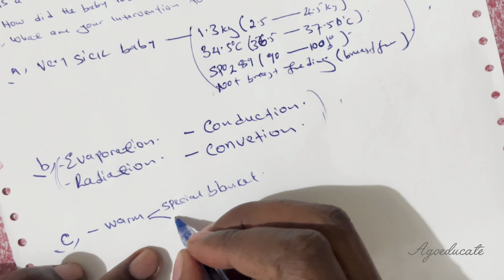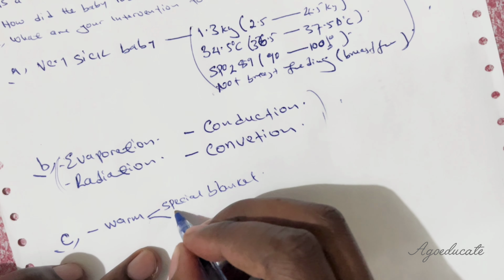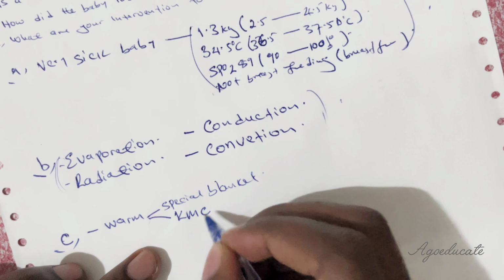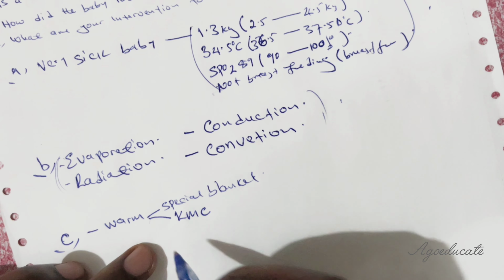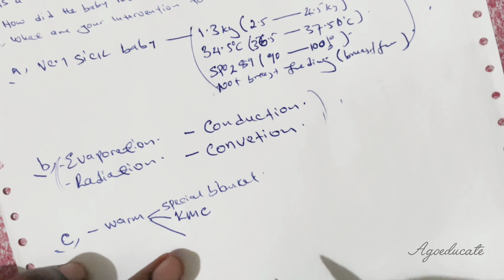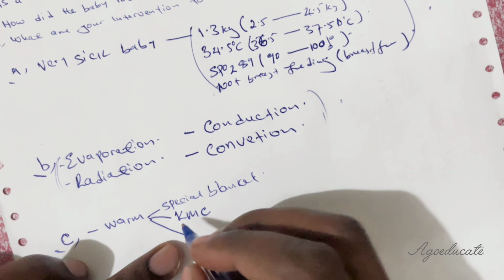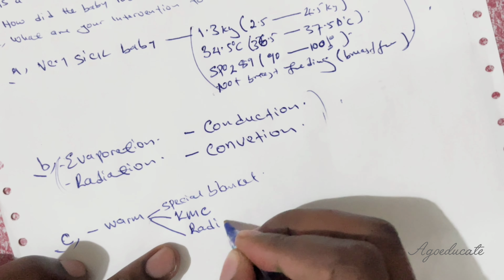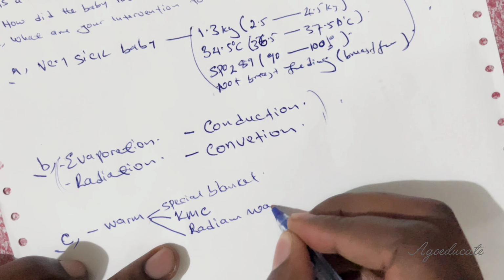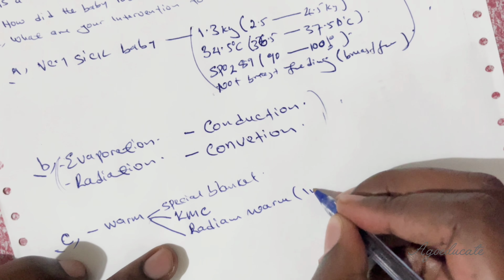We are going to put the baby on kangaroo mother care, that is KMC. KMC can provide bonding and is easy for feeding, whether by breastfeeding or NG tube. And then, if it's not possible, we are going to put this baby on a radiant warmer or in an incubator.